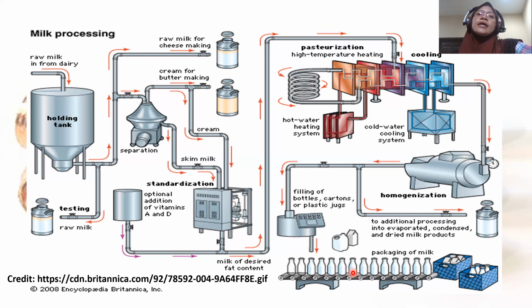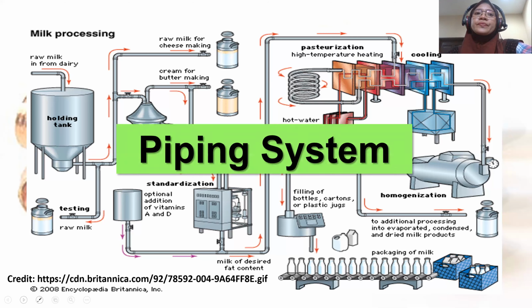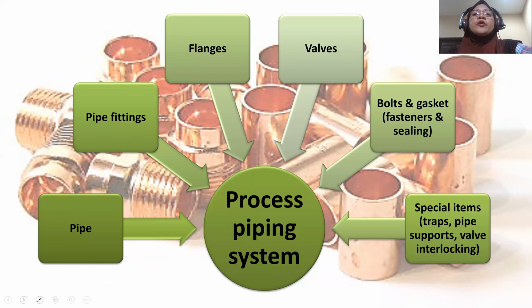All right, and this piping connection is also known as piping system. Actually, to complete a piping system, not only piping fittings and valves are needed, but we also need flange.